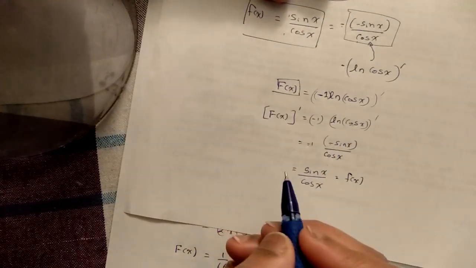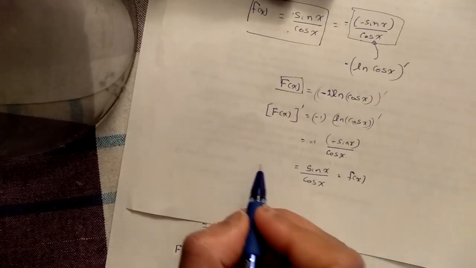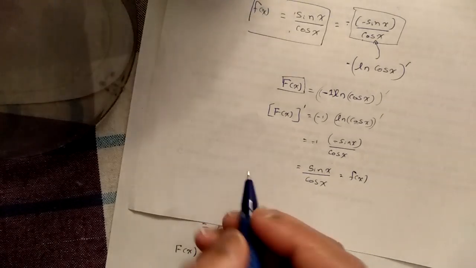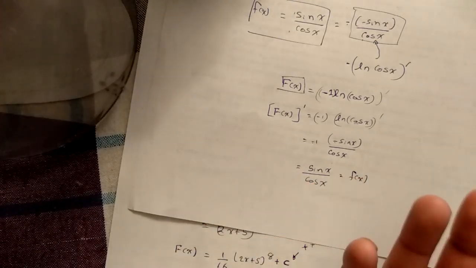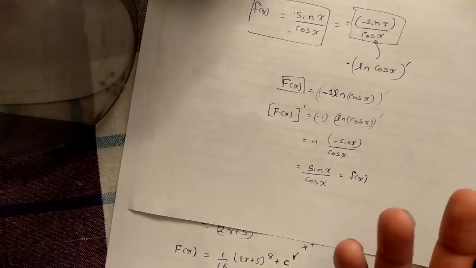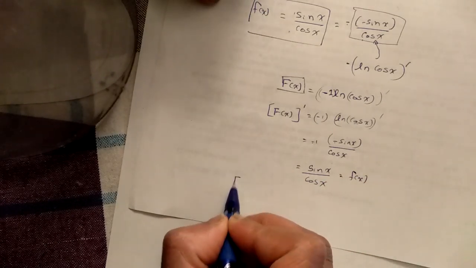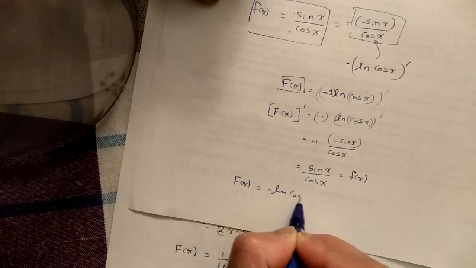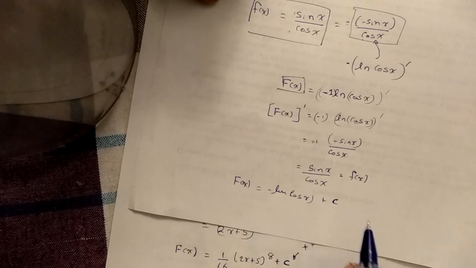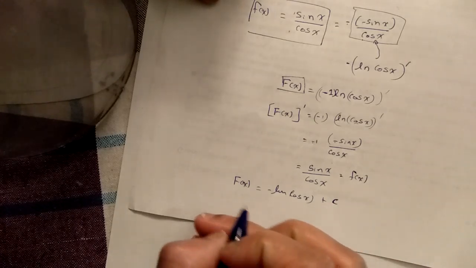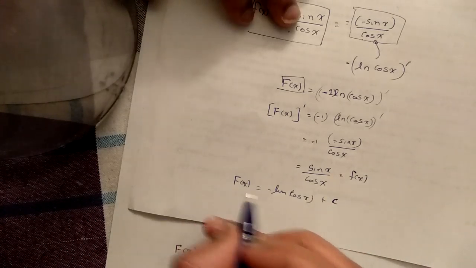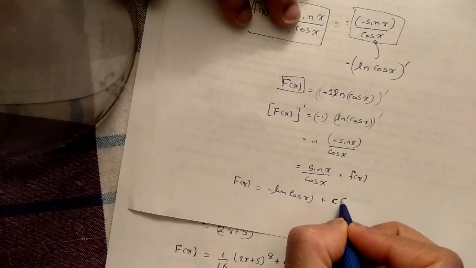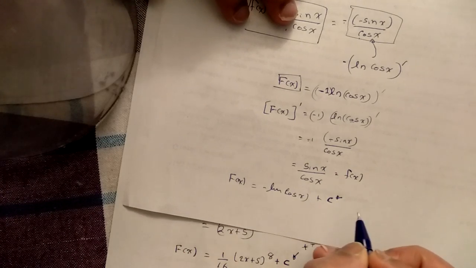Roughly speaking, if they have just asked you to find the antiderivatives, you just write this as negative ln cos x plus c.